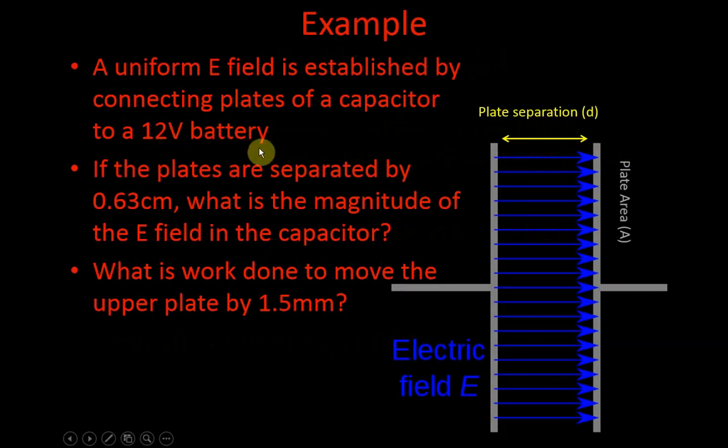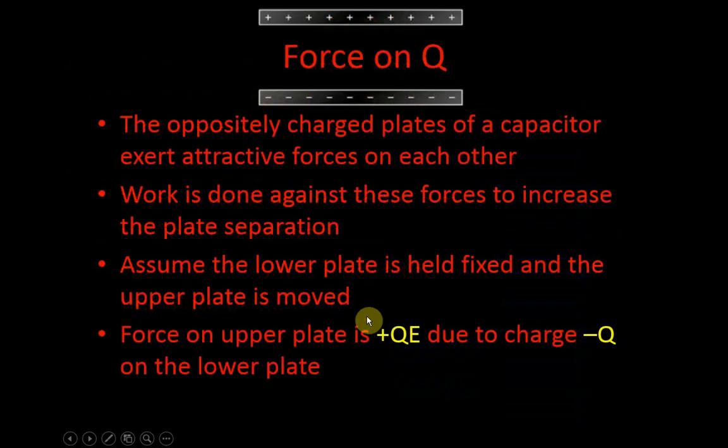If we have a 12-volt battery hooked up across our terminals and the plates are separated by 0.63 centimeters, watch the units, what's the magnitude of the electric field in our capacitor? Also, what's the work done if we take one plate and move it by 1.5 millimeters? So mixed units again, double question. Let's try and solve this one.